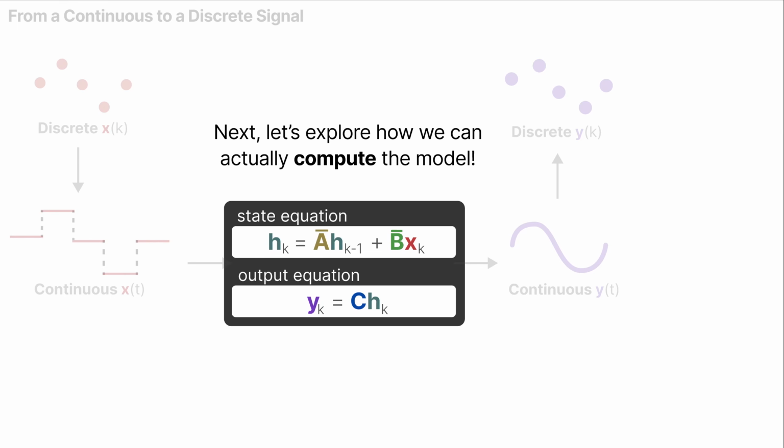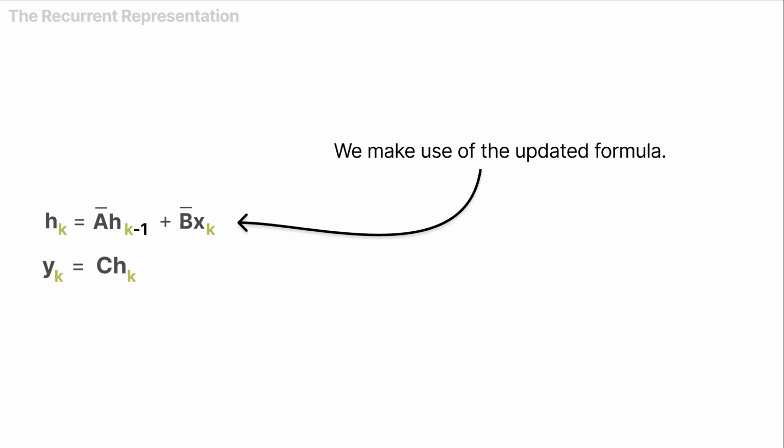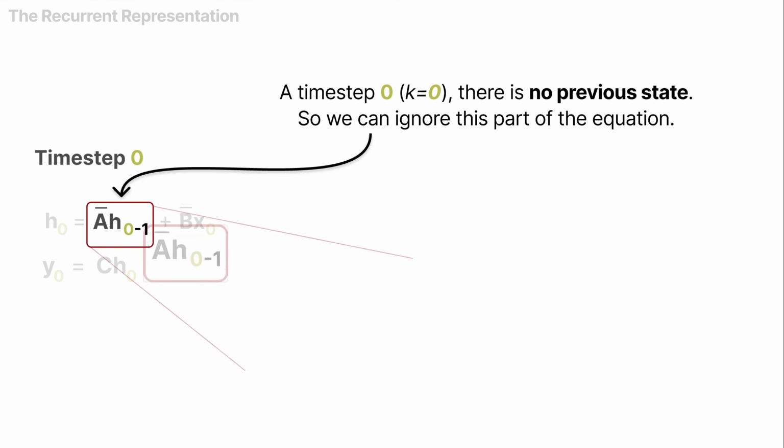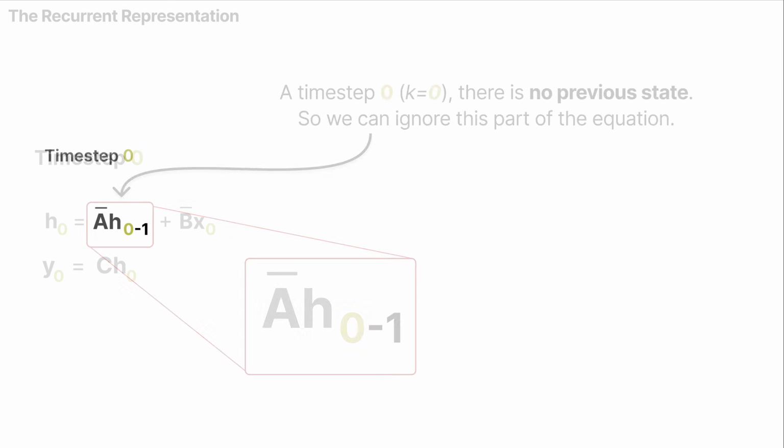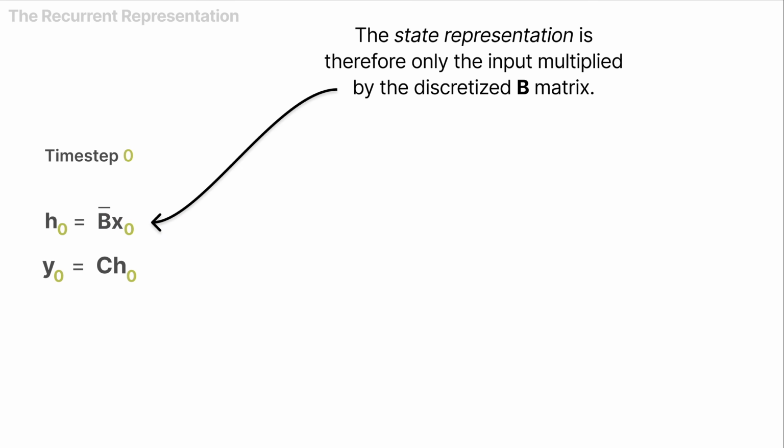Next, let's explore how we can actually compute the model. We make use of the updated formula. At time step 0, k is 0, there's no previous state, so we can ignore this part of the equation. The state representation is therefore only the input multiplied by the discretized B matrix.